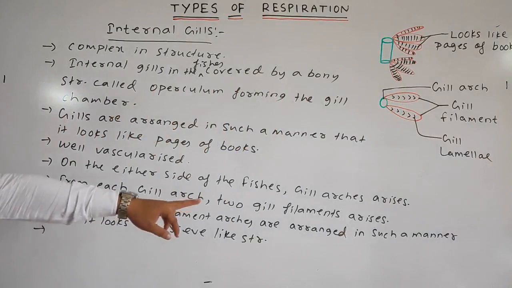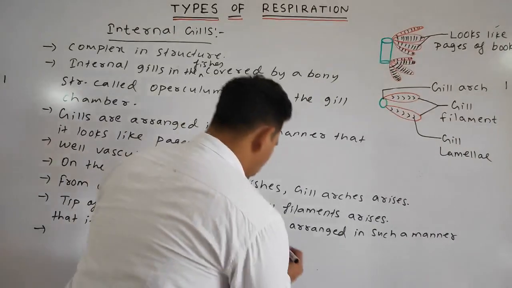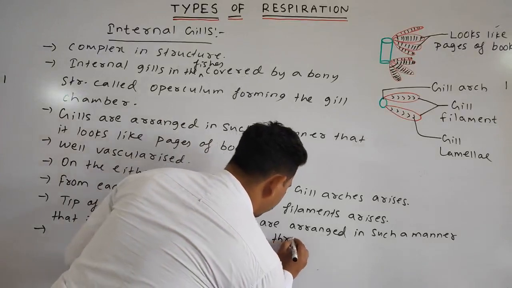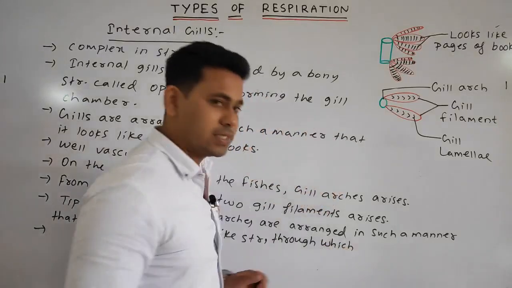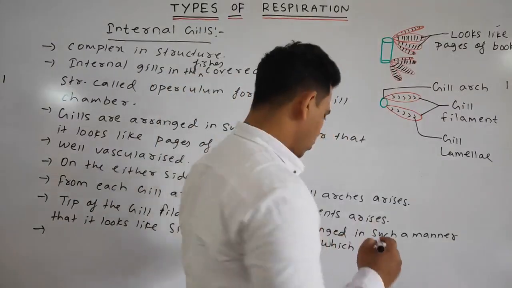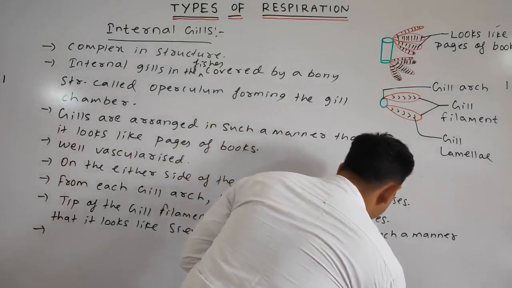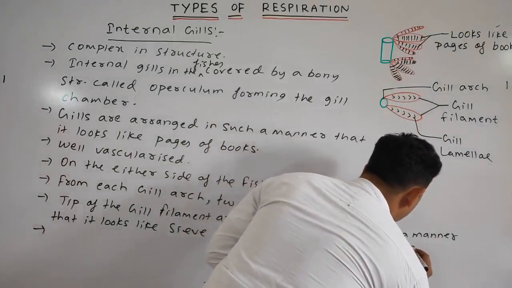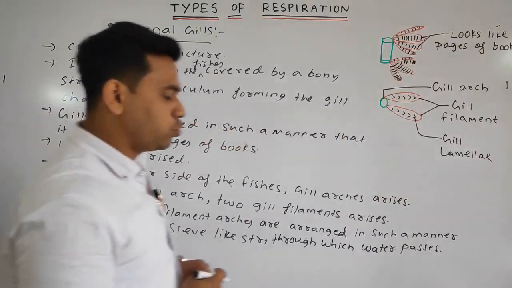Tip of the gill filament arcs are arranged in such a manner that it looks like a sieve-like structure through which the water passes. As I said, it is a net-like structure through which it is easy to pass the water. Through which water passes.